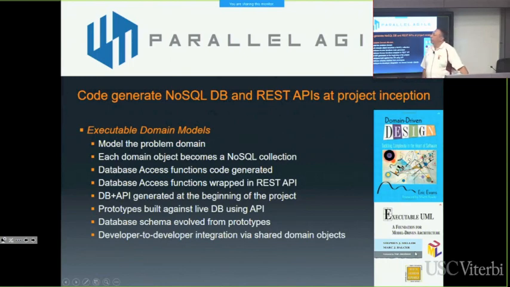And the reason that we target NoSQL databases is because if you're going to code generate this at the beginning of your project, you haven't really figured out what all the database schemas are yet. Okay? And the difference between NoSQL databases and SQL databases is that with SQL databases, you have to know what all the columns are. But with NoSQL databases, whatever JSON structure you throw in there gets handled by the database.